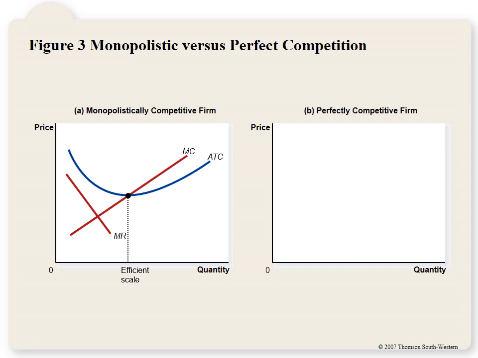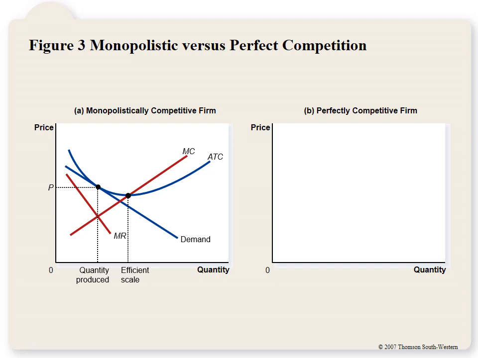Right smack dab in the middle is the efficient scale. That is, if the firm produced that quantity, it is fully efficiently maximizing its resources and money. Okay, its efficient scale is there. Aha! With monopolistically competitive, just like a monopoly, they don't produce that quantity, do they? Is the quantity that they produce higher or lower than what would be efficient?